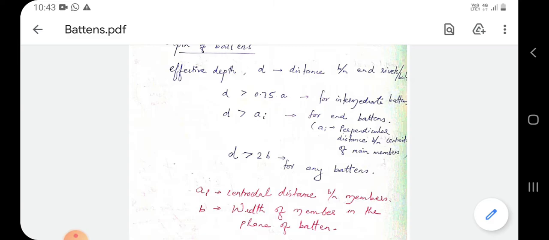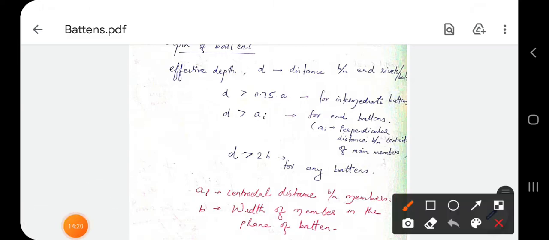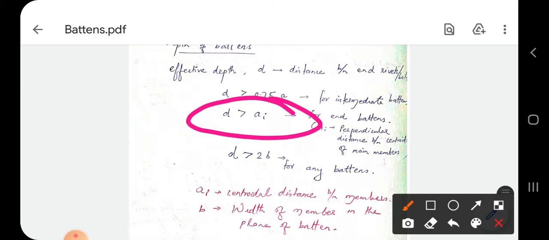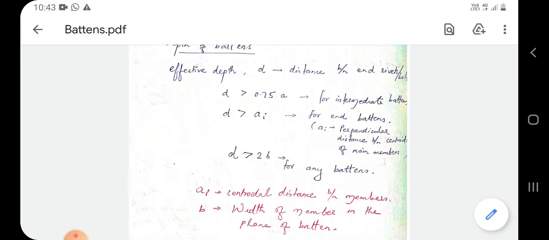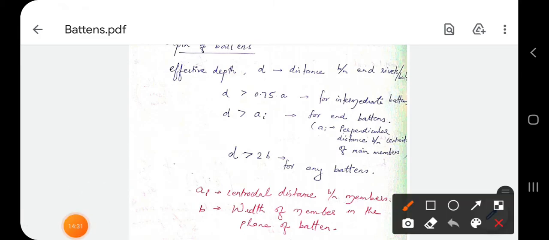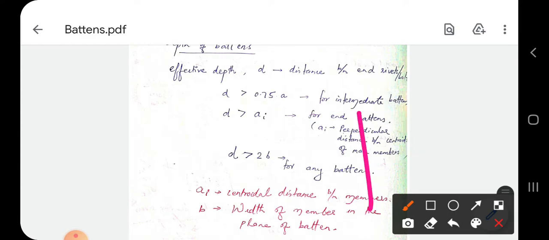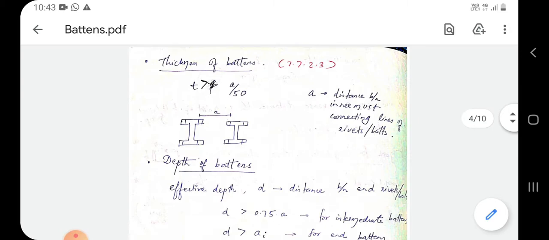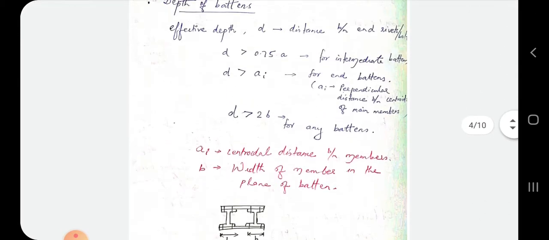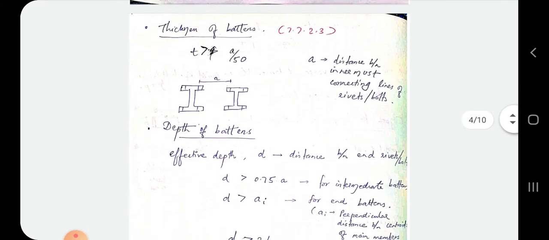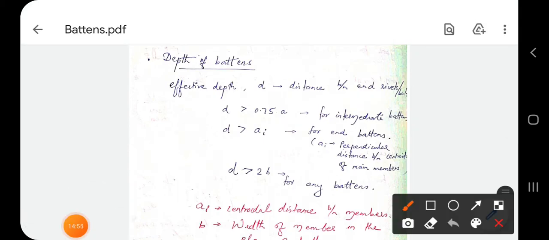So for end battens, the effective depth should be greater than AI, where AI is the distance between the centroid of main members. So here it is different. For thickness we discussed the distance between innermost connecting lines, whereas for depth it is the distance between the centroid of main members.